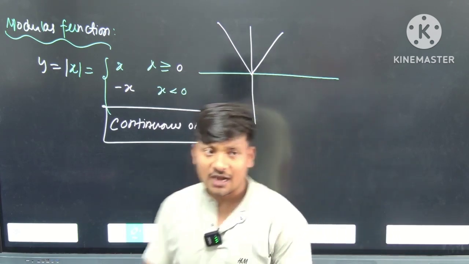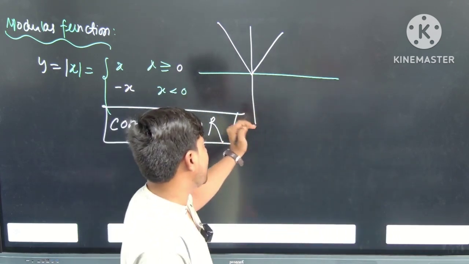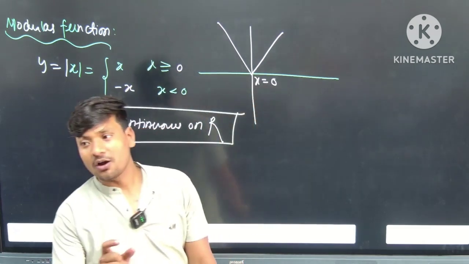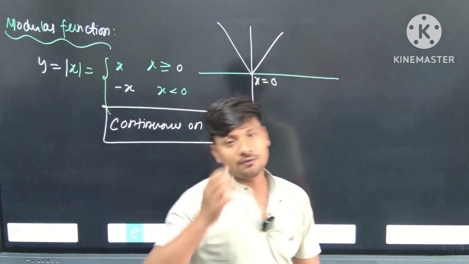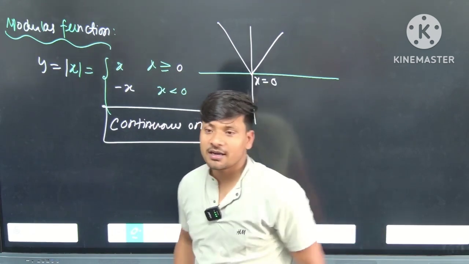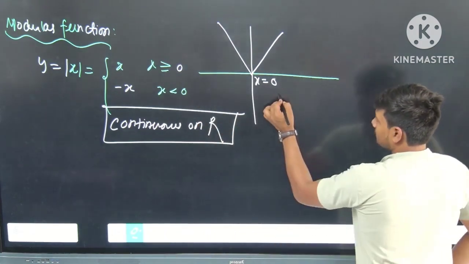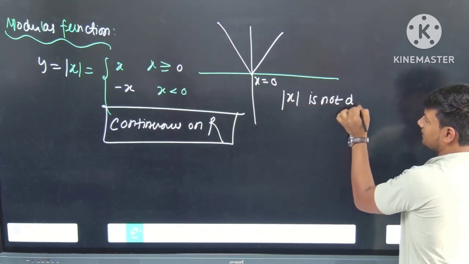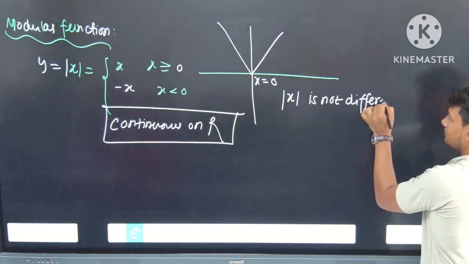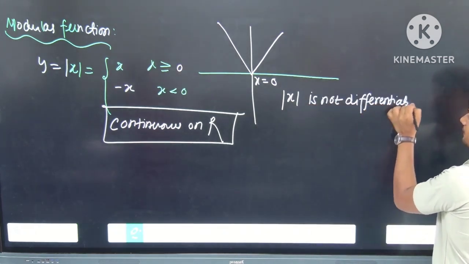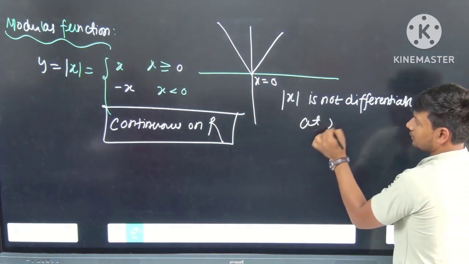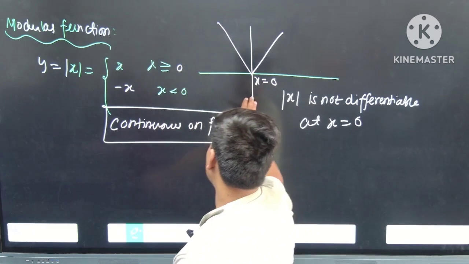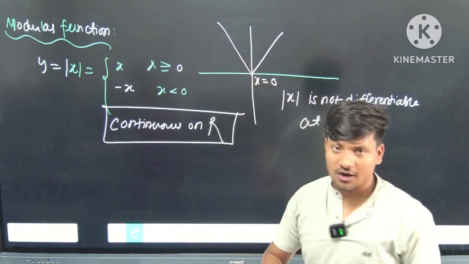See, if we see the graph of modulus function, you can see that at x equal to 0, the function has a sharp corner, and that's why mod x is not differentiable at x equals to 0. So whenever x equal to 0, this modulus function is not differentiable.